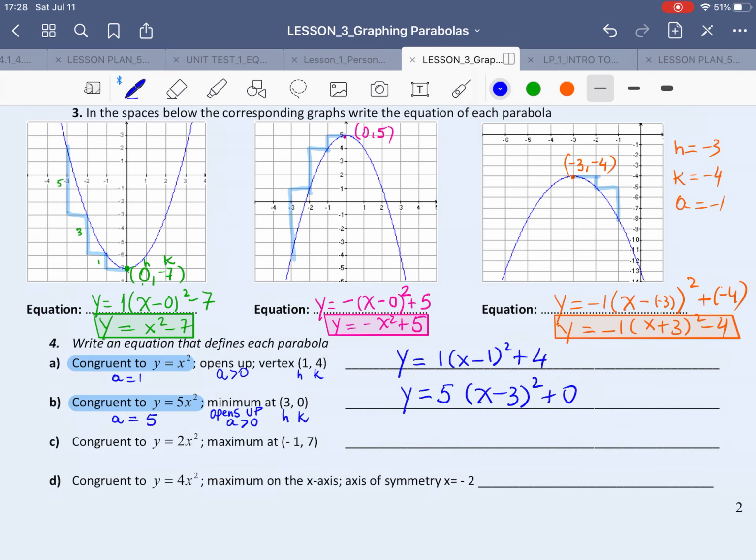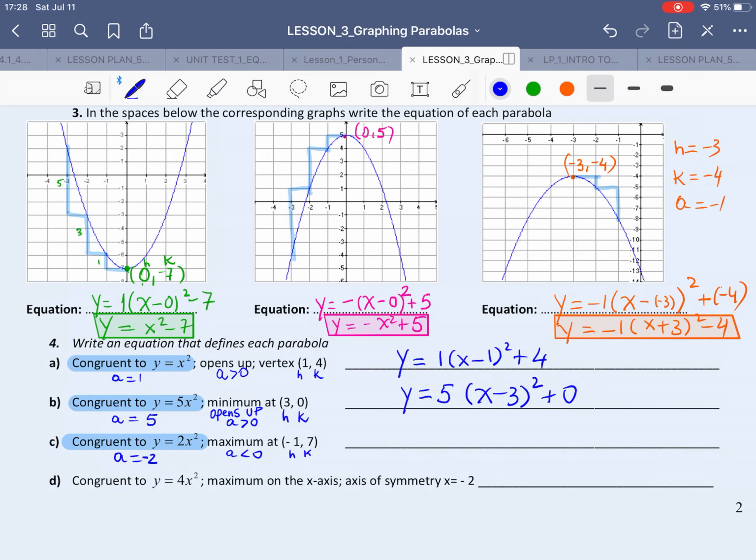Congruent to y equals 2x squared, maximum at -1, 7. Again, congruent to 2x squared means that the parabola will have a value of 2. The fact that it has a maximum means that a is negative, so we're going to give this a negative sign.